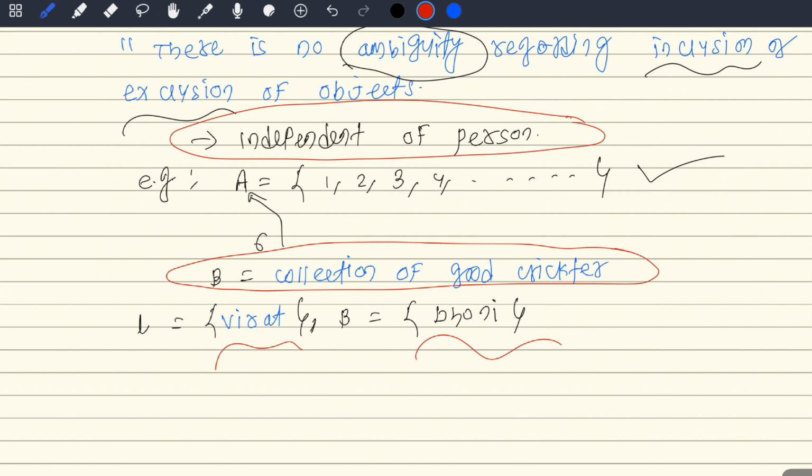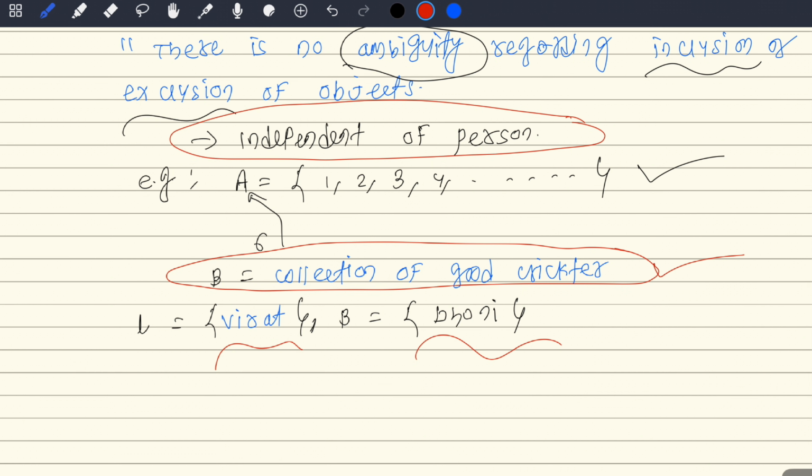In mathematics, if anything we are saying, it should be unique, and if it is not unique, that means it is not well defined. So that means the collection of good cricketers is not a set. It is a collection, but it is not a set. Why? Since it depends on the person.